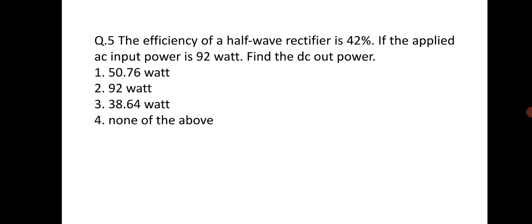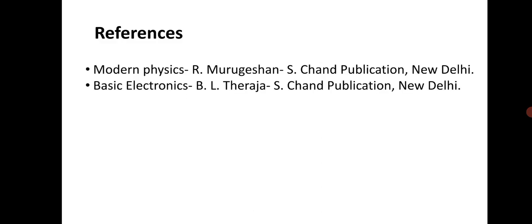The four options are given: 50.76 watt, 92 watt, 38.64 watt and none of the above. If you solve this by putting in the efficiency formula, because you know the efficiency formula is nothing but the DC output to the AC input power, you will get 38.64 watt.